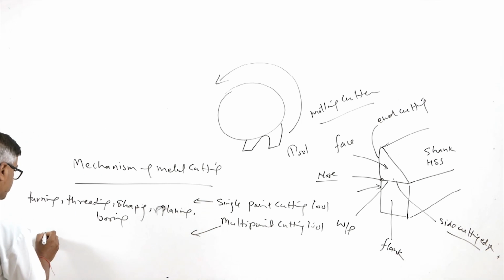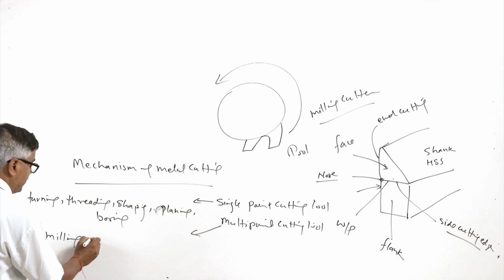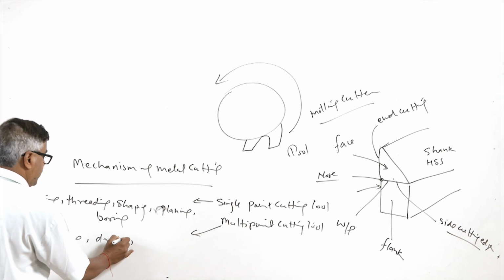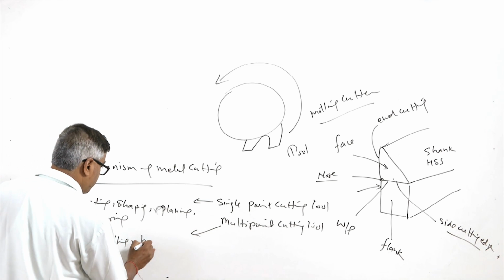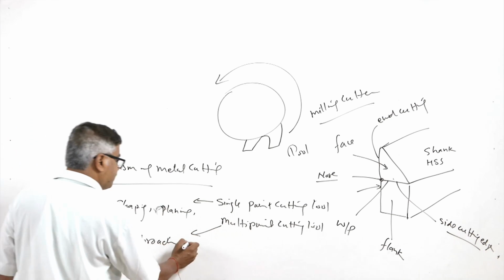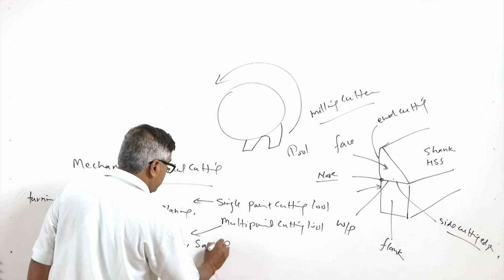On the other hand, processes which use multi-point cutting tools include milling, drilling, which basically uses two cutting edges, and then broaching uses a number of cutting edges.